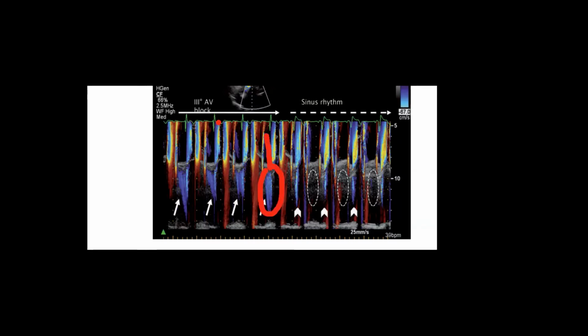When I go up in the tracing, that is not systolic MR, that is diastolic MR. Okay? So we have diastolic MR, and when we see along the tracing, it tends to decrease and go away. Why? Because the ECG was different in this portion than the second portion. Here was sinus rhythm with normal PR interval.